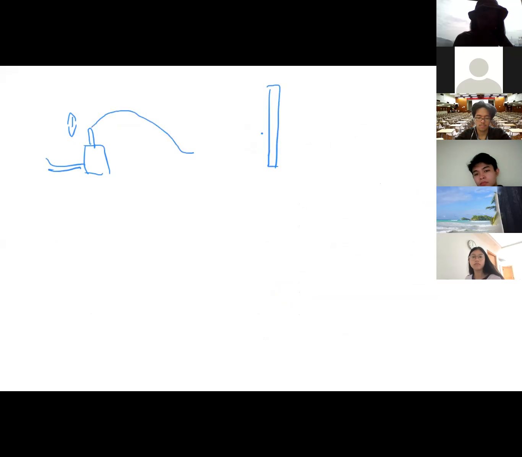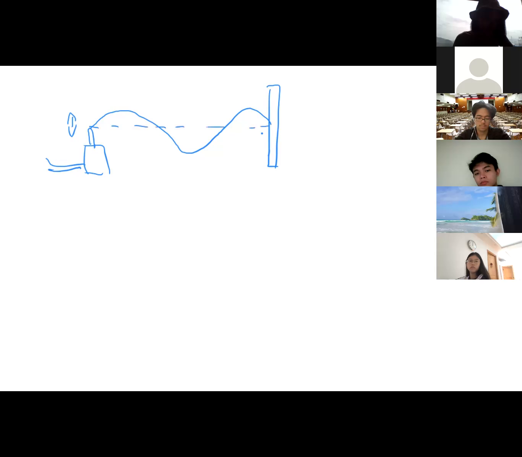So let's say we have a vibrator. You oscillate up and down, connecting to the electricity, and the other end is connected with a string like this.